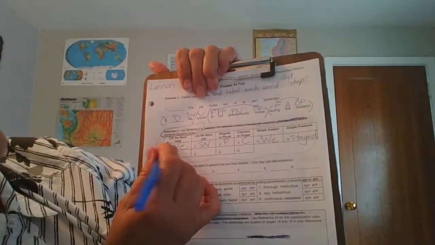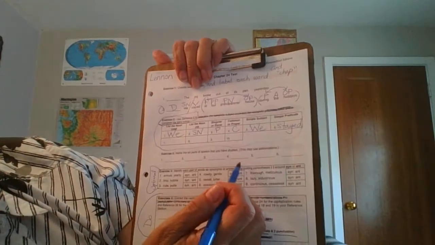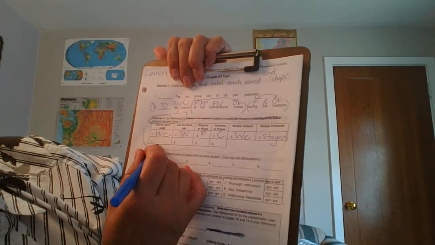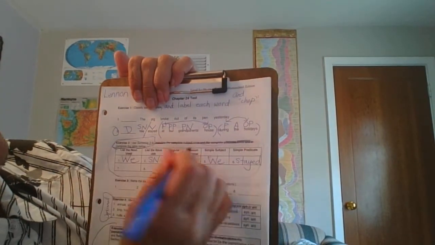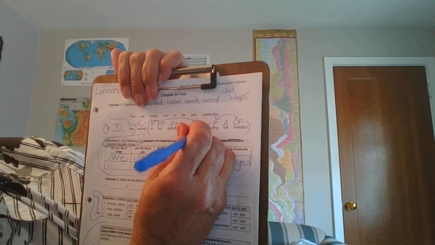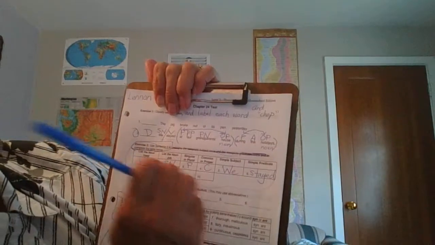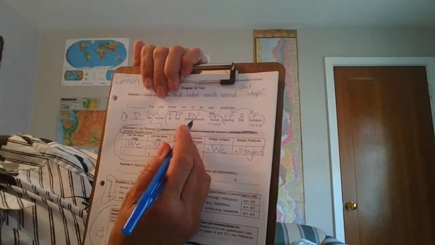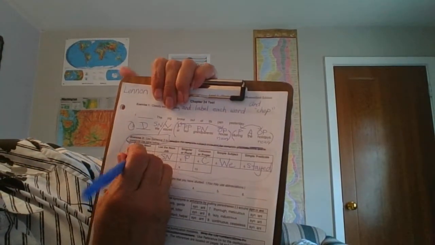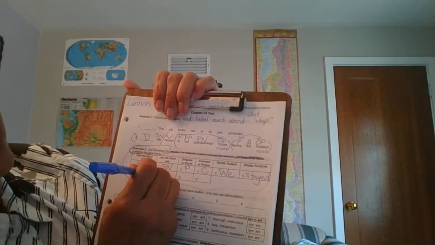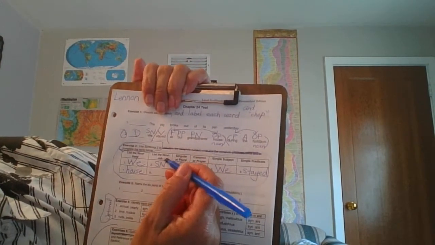Let's go ahead and find another noun. Another noun on here. Well, remember, objects of prepositions are always nouns. So this OP is a noun, and this OP is a noun. Let's go ahead and use house. I'm going to put house. House is definitely a person, place, or thing. What kind of noun is this, though?